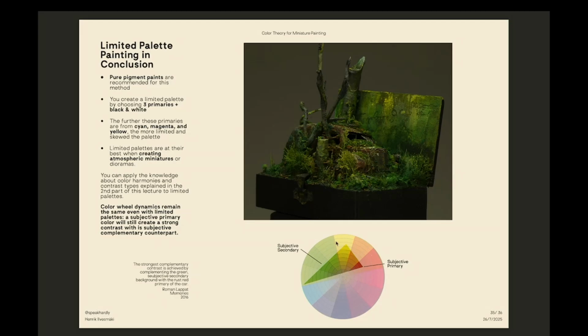When you have miniatures with jarring colors, color schemes that don't work, there's something wrong with them. What that usually means is that you have a limited palette that you're just not aware of, and you pick some colors that are actually not on your triangle. When we're using hobby paints, we don't know what pigments are in them, so this may happen quite naturally.